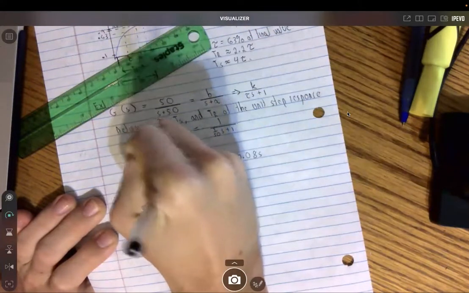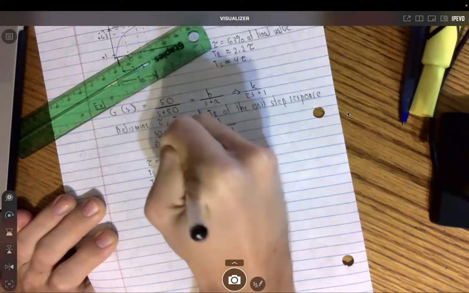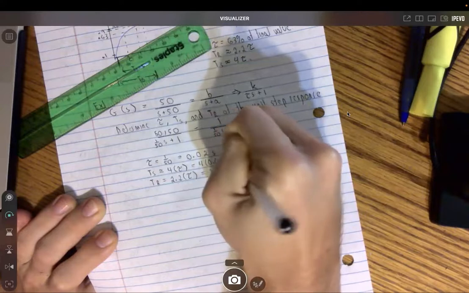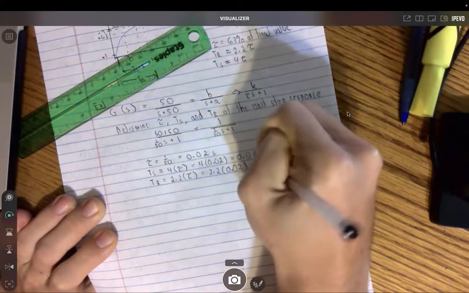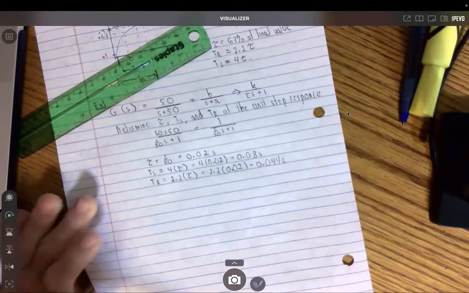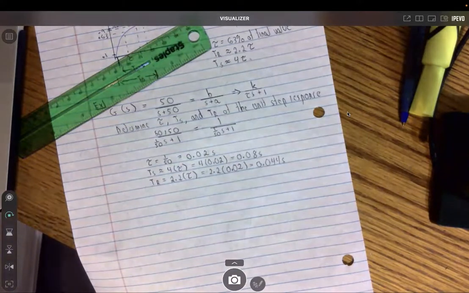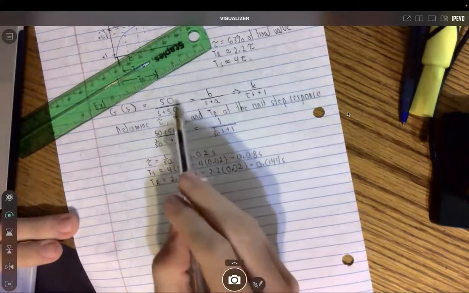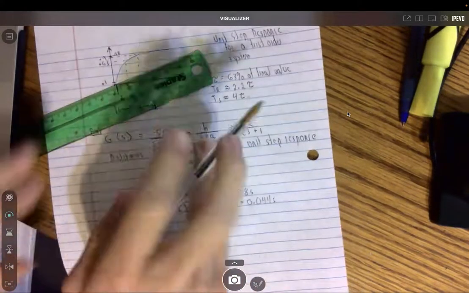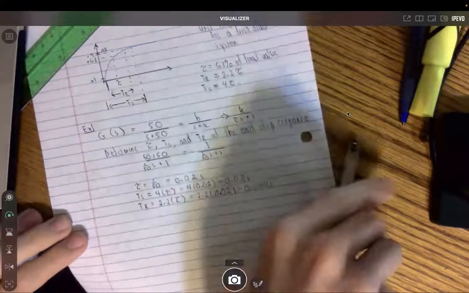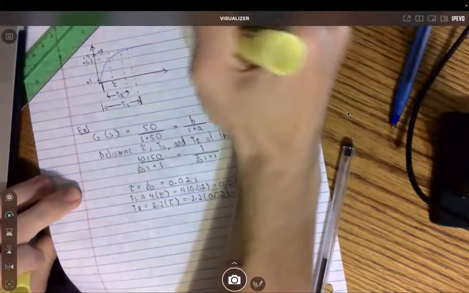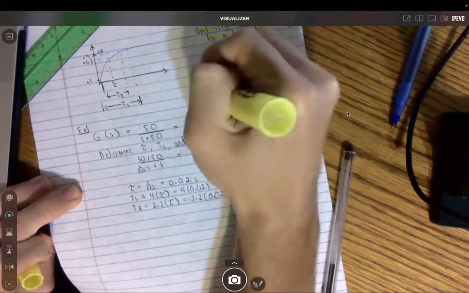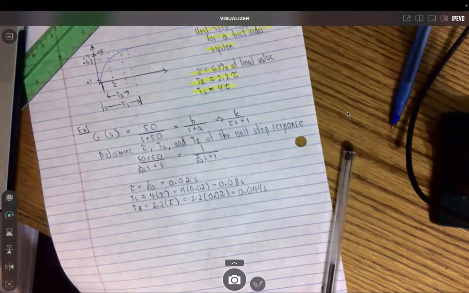And then the rise time, which is approximately 2.2 times tau, is 2.2 times 0.02, which is 0.044 seconds. So that's how we calculate tau, the settling time, and the rise time for the unit step response, because specifically for the unit step response of a first order system, tau is defined as 63% of the final value. We have our settling time and rise time.